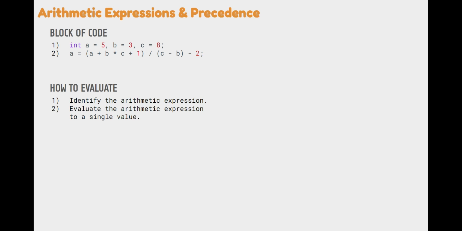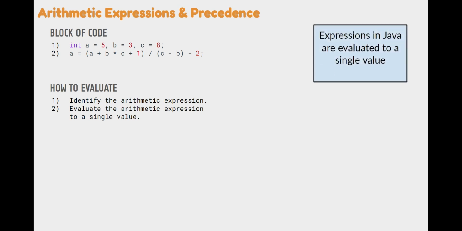We just want to pay attention to that arithmetic expression, and we want to know how to evaluate it. We want to evaluate it down to a single value. That's super important. I'm going to pin that up there for a while. Expressions in Java are evaluated to a single value. We want to keep evaluating that arithmetic expression until it is one single value.